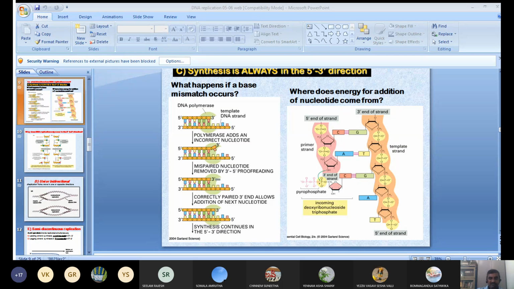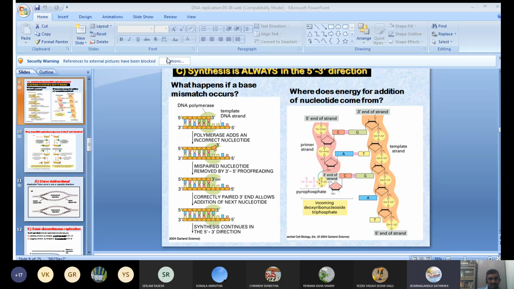So do you see this slide? Emma, is it visible? Yes, sir. Slide number 9. Yes, sir. No, is it visible now? Yes, sir. So I changed to the next one. Why does DNA replication only occur in the 5' to 3' direction? Is it the same slide? No, sir. That one is the previous one, right?